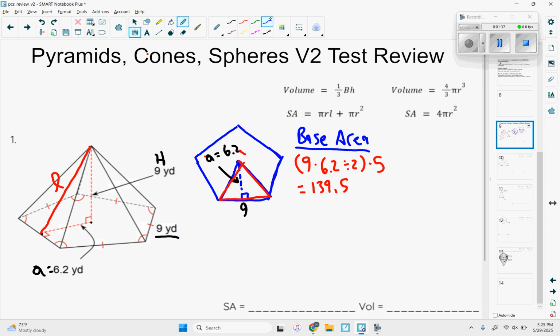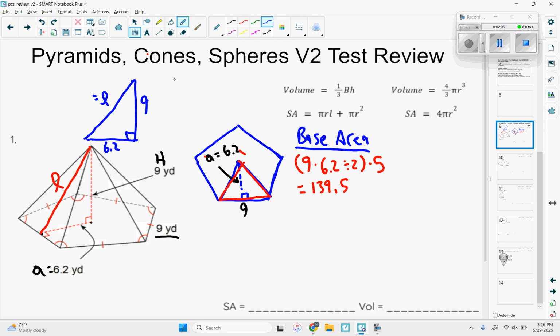The other thing that we want to figure out is the slant height, and this is where we use that right triangle. And the right triangle, the height is 9. The apothem, the bottom leg, is 6.2. Trying to find this, the slant height.